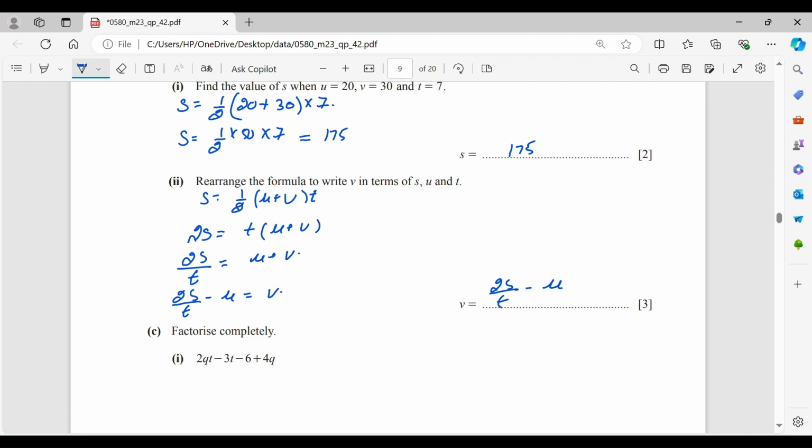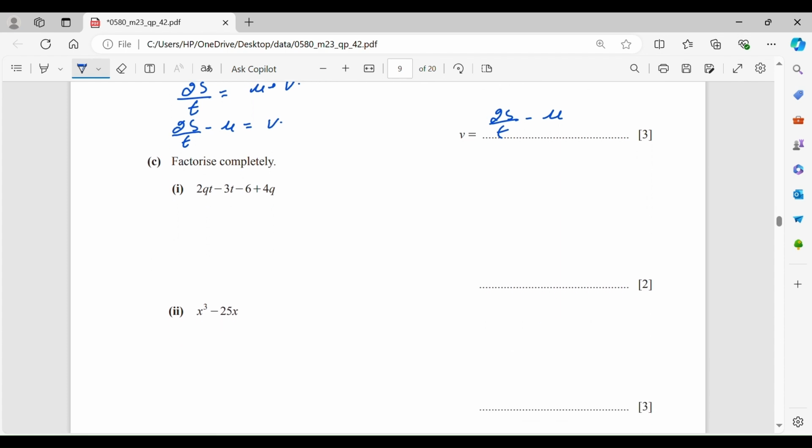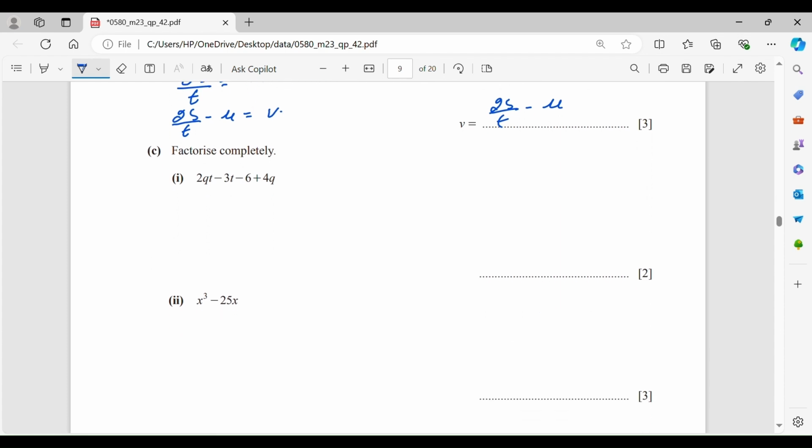Now C part, factorize completely. For this we will use the grouping method. We will take two groups, right? From this, the common factor is t. T bracket 2q minus 3, minus 2, from this plus 2, minus 3, because we will need minus 3 plus 2q, right?